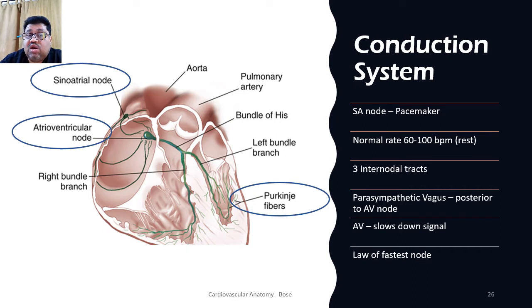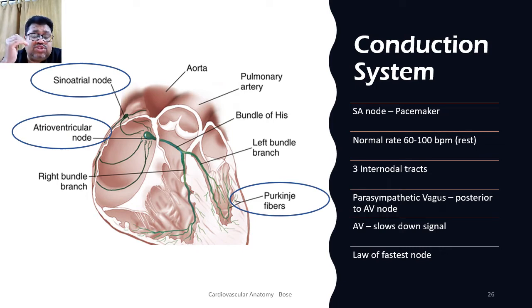So those are your three internodal tracts: an anterior tract of Bachmann, a middle tract of Wenckebach, and a posterior tract of Thorel. The three pacemakers are shown in circles in this image. The AV node is located at the inferior aspect of the right atrium, near the opening of the coronary sinus and above the tricuspid valve.